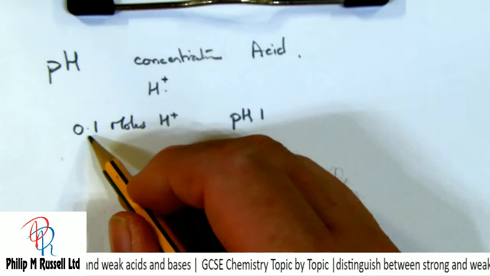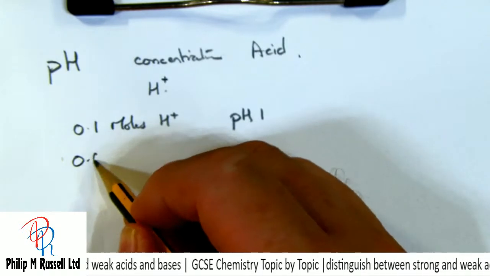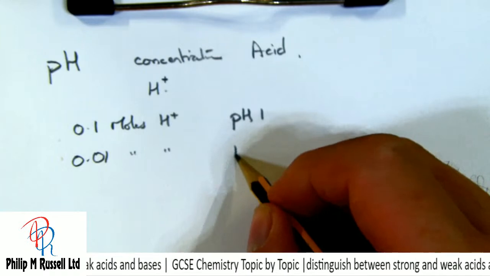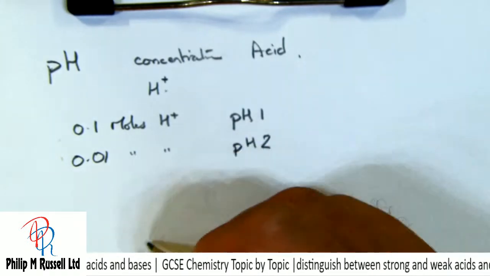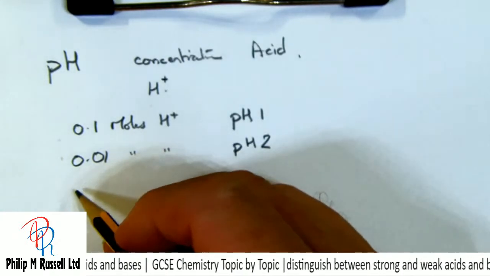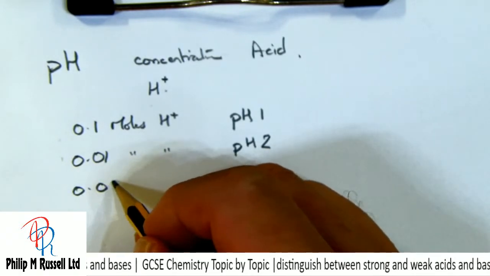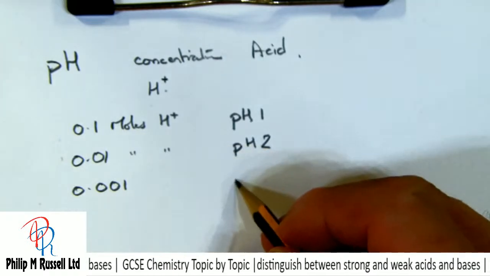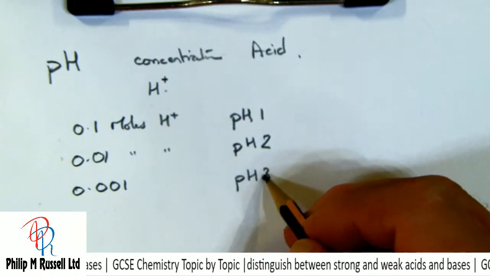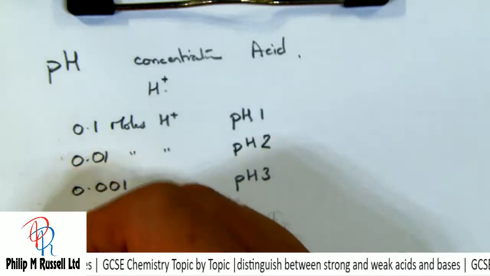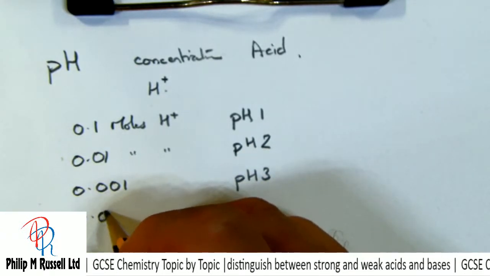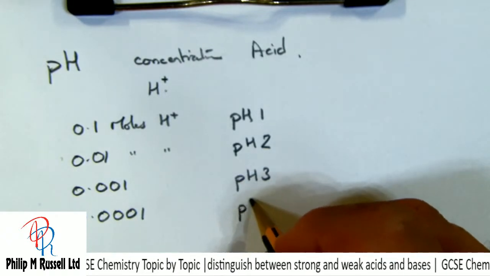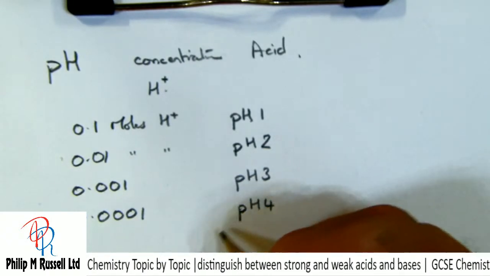If I've got a tenth of that, 0.01 moles of hydrogen ions, then we're going to call this pH 2. Similarly, if we've got a tenth of that, 0.001 moles of hydrogen ions, this gives me a pH of 3, and as we go on, 0.0001 moles gives me pH 4.